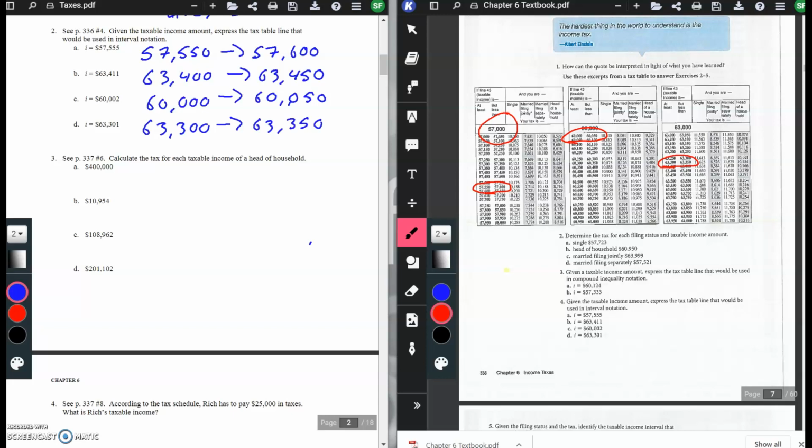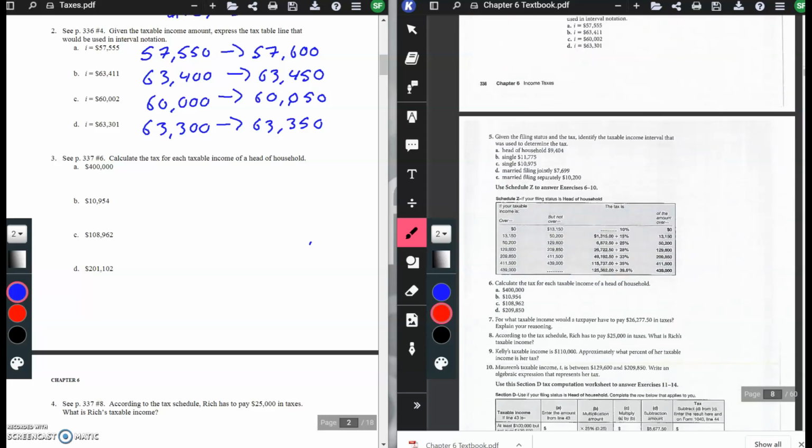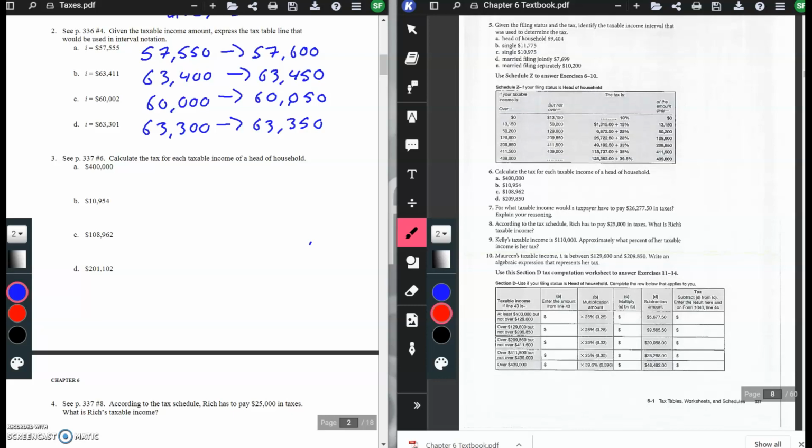Question number 3. On the next page, 337, so let me scroll to that textbook page. We are looking at number 6. It says calculate the tax table, taxable income for a head of household at $400,000. Okay, so we're going to look at this table right here. It says for exercises 6 through 10.